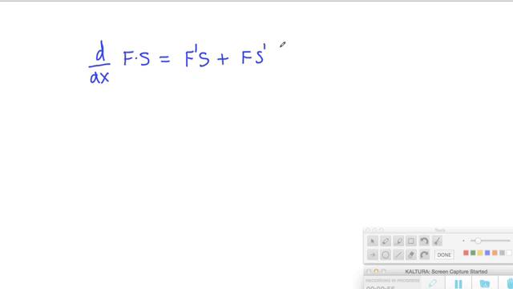So it's derivative of the first times second plus first times derivative of the second. Recall that this is when you have a function times another function and you're trying to take its derivative. And again this is called the product rule, I can write that down for you.